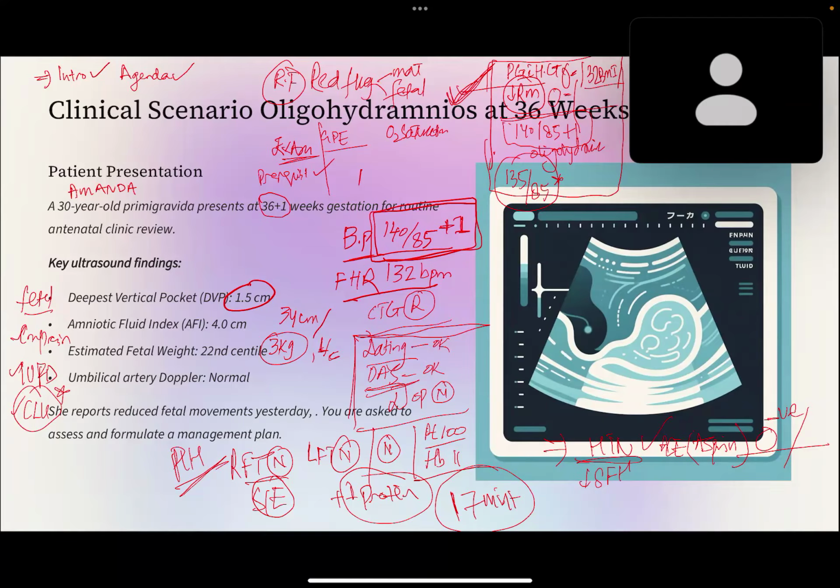We will tell her to do a 6 to 8 week blood pressure check as well. I would refer her to the general medical unit as well because she's a chronic hypertensive, so she would have to go back on enalapril. But during breastfeeding, we have to prescribe her medication which would be safe for her. Was she taking methyldopa? If she was, then we have to change that in the postpartum period.